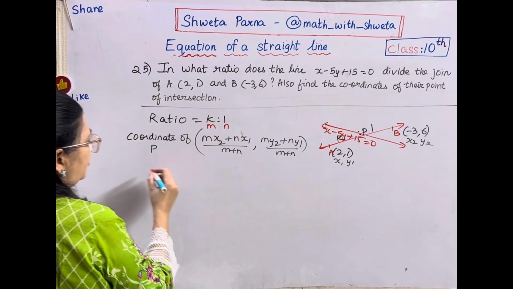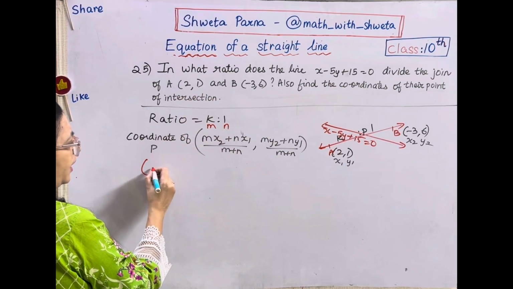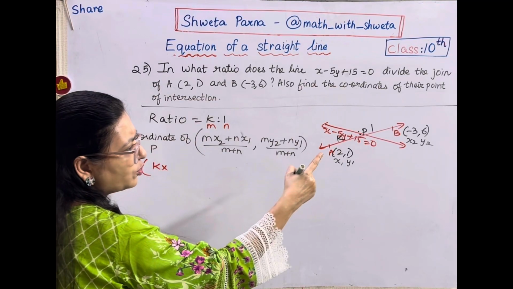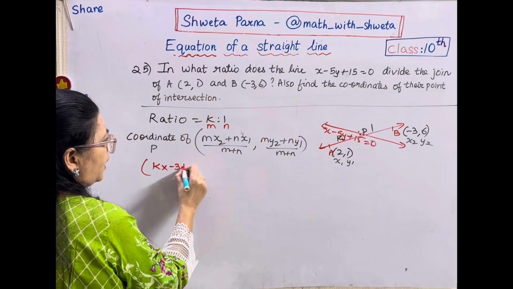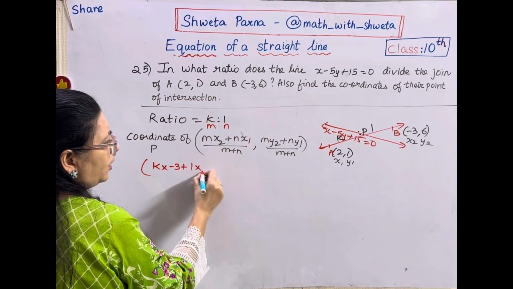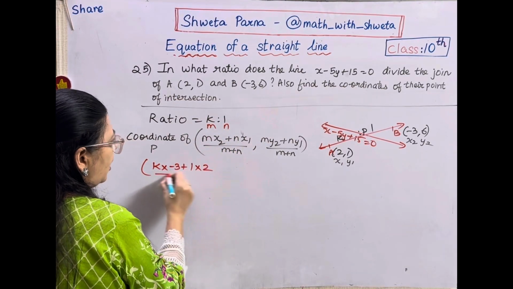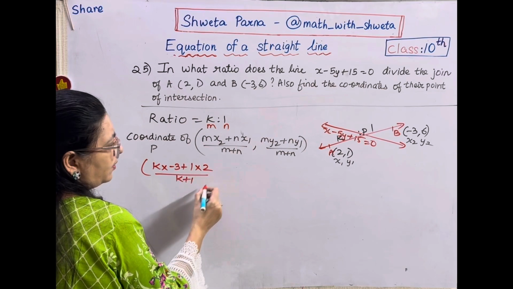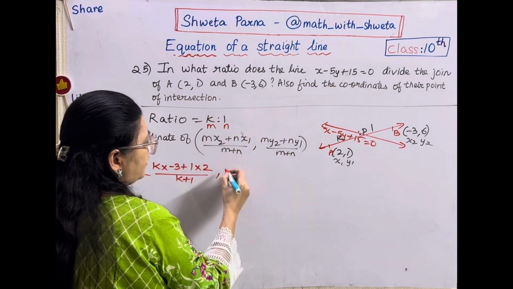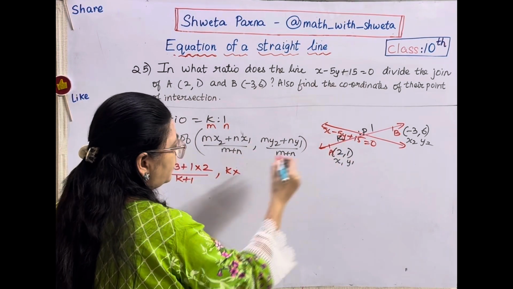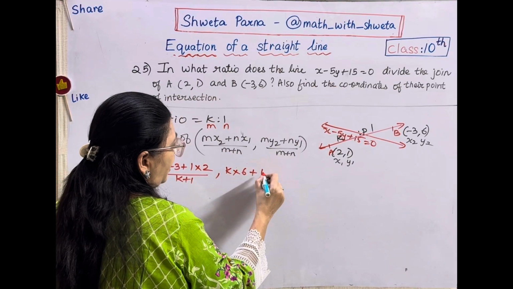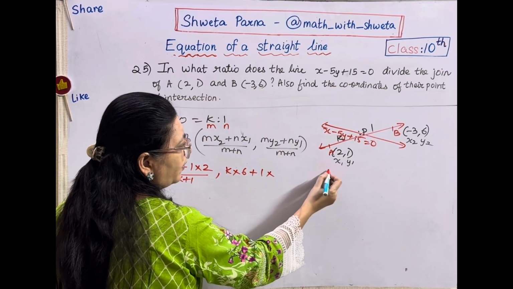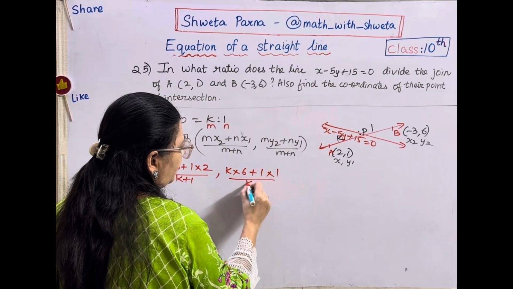So m is k into x2 is minus 3 plus n is 1 into x1 is 2 upon k plus 1. Here m is k into y2 is 6 plus n is 1 into y1 is 1 upon k plus 1.